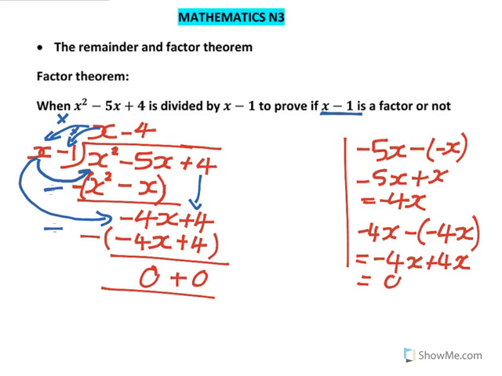Hence, when x squared minus 5x plus 4 is divided by x minus 1, there is no remainder. This is how you write it: x minus 1, and then write on top x minus 4. There is no remainder, which means x minus 1 is a factor.